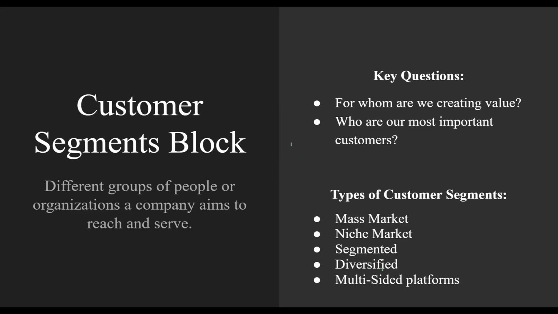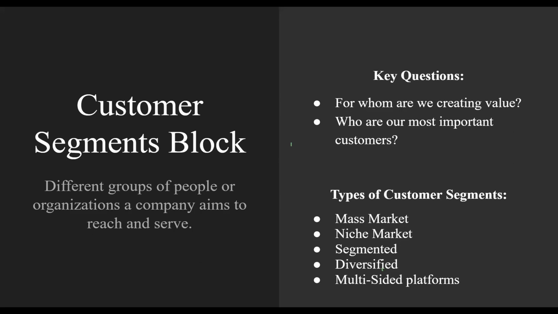We can give the car example. For example, if you are making cars like Volkswagen, your main customer segment could be the mass market, because it usually makes cars that are not very niche.